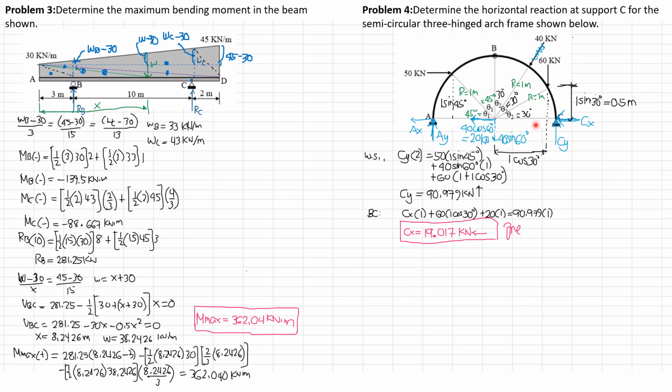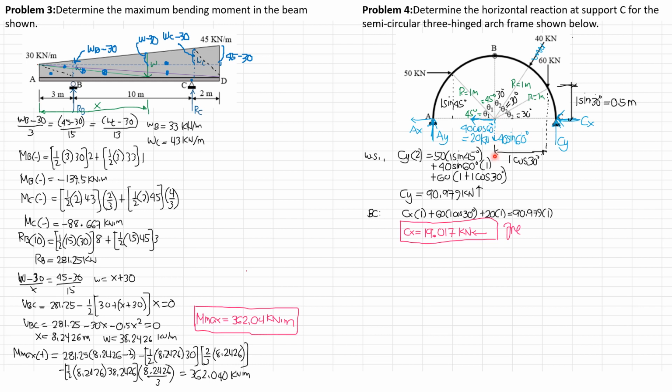So considering the whole system, summation moment A equals 0 to solve for Cy. Then later we consider BC, summation moment B, we can solve for Cx. So summation moments about A equals 0, counterclockwise positive, Cy times 1 plus 1, or diameter 2, equals first the moment of 50, 50 times 1 sine 45, plus the moment of 40 sine 60, because 40 cosine 60 or 20 kilonewtons passes through A. It has no moment.